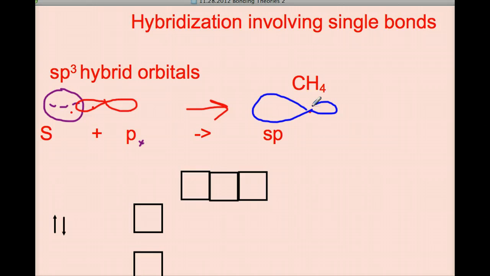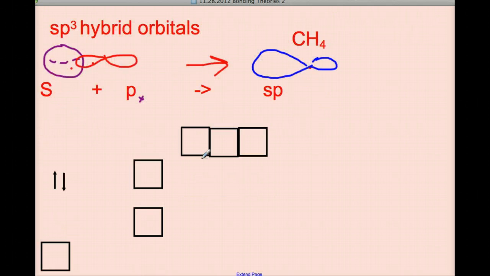So let's actually do this with CH4 and see what the electrons are doing. We are going to do our electron configuration drawings just like we used to with our arrows and see what's happening to these different arrows. If I take a look at our central atom, which is carbon, I'm going to draw the electron configuration.